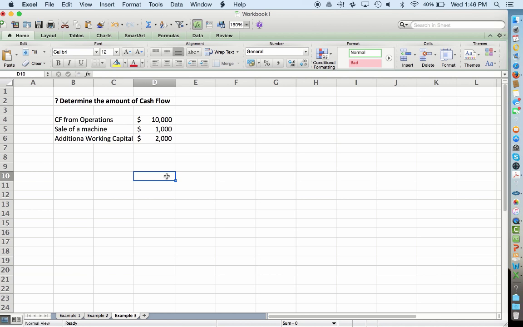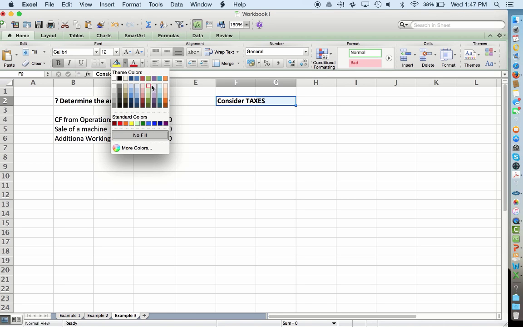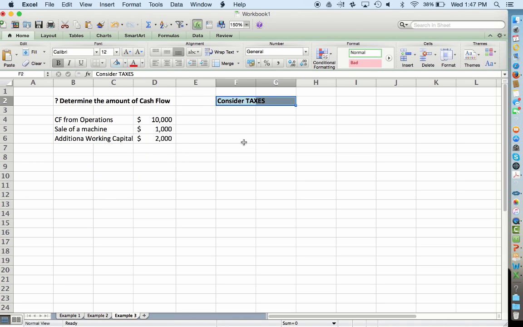So, one of the first things we always do with a project analysis is we try to get total cash flow. Okay? And in doing cash flow, we have to consider taxes. I hate to think about taxes, but taxes are a real cash expense that companies have.